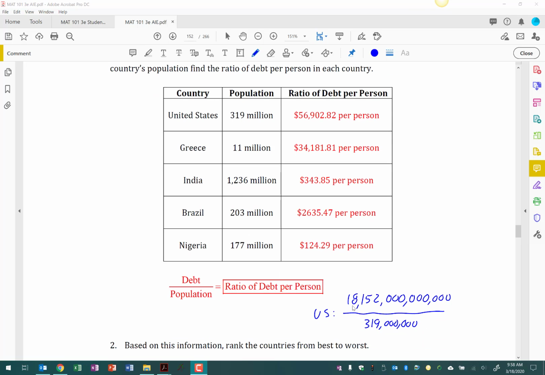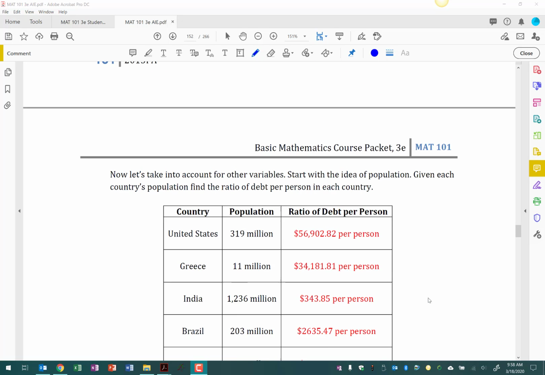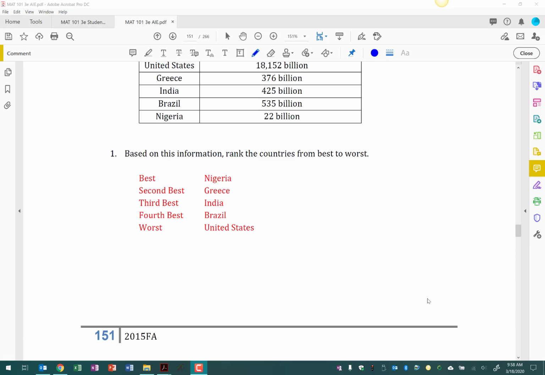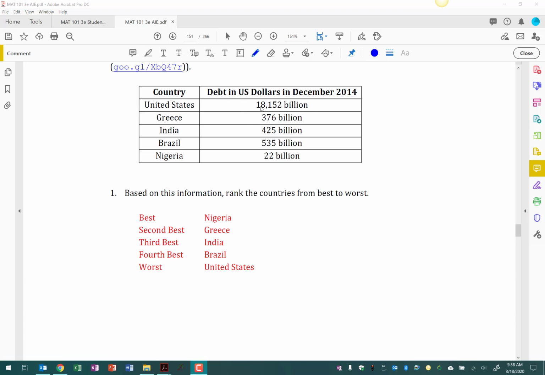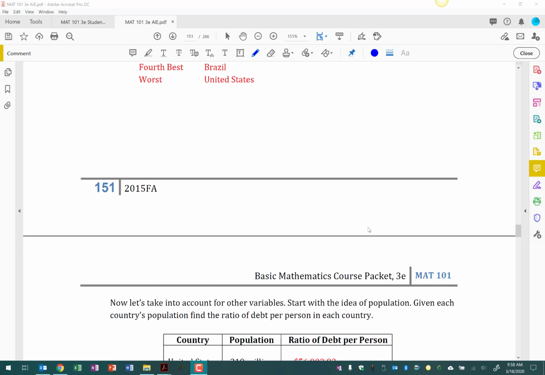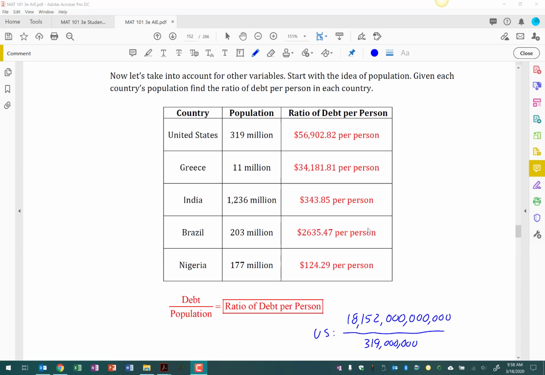For example, for the US, debt is 18,152 billion. If we convert that to a number without the billions, we get the value you see here in blue. I'm going to scroll back up for a moment to the previous page so you can see that number. That's where it came from, this table right here. And at the bottom, we use the population number here on page 152 for the United States, 319 million, written with all the zeros without the word million. Then we divide.